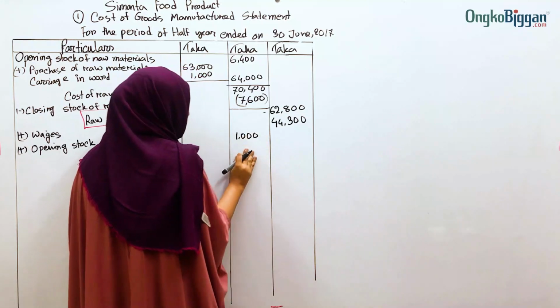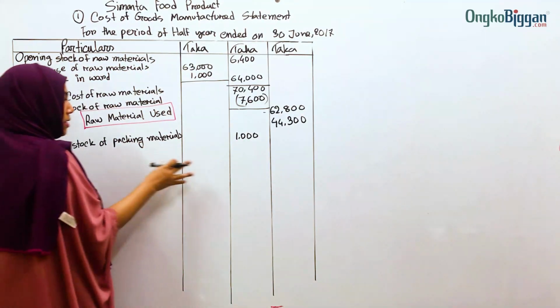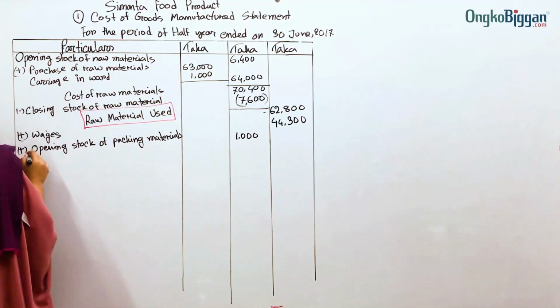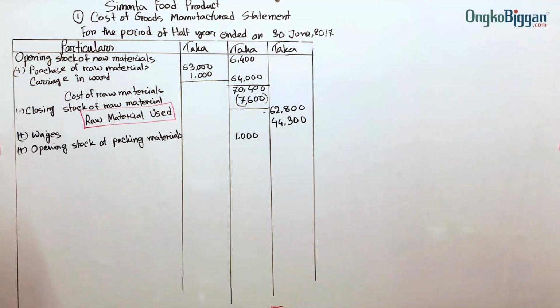The reason I'm writing in this column is because I'm gonna add all the direct expenses together, and after that we will do the sum up at the end.